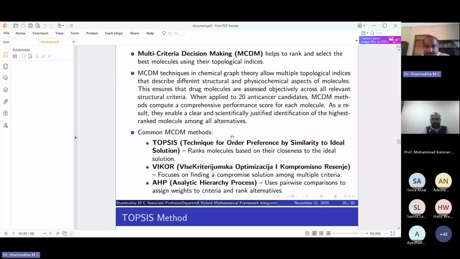This ensures that drug molecules are assessed objectively across all relevant structural criteria. When applied to 20 anti-cancer candidates, MCDM methods compute a comprehensive performance score for each molecule. As a result, they enable a clear and scientifically justified identification of the highest ranked molecule among all alternatives.